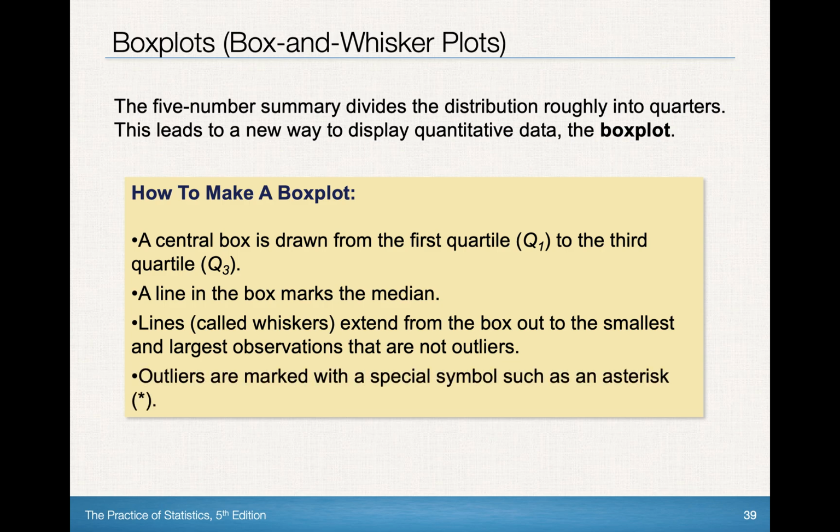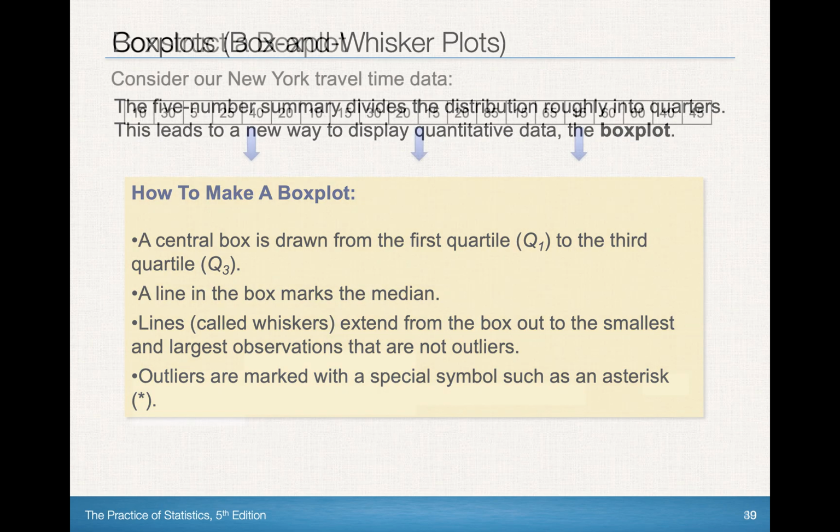You will then mark the outliers with some sort of symbol, usually a dot or a star. So if we have outliers, our whiskers do not reach the outliers. They go to the smallest and largest observations that are not outliers.